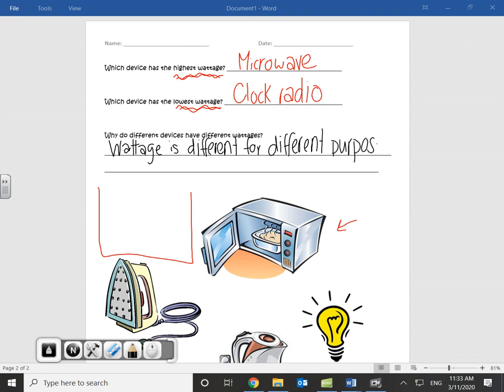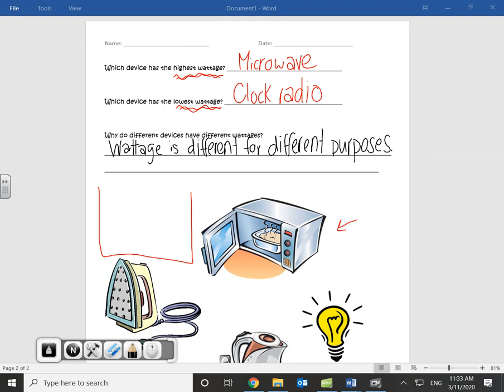So again, I'm going to need way more watts if I need something to heat up or even cool something than I am just to light up a small screen or light up a little light bulb. Even like an iron, if I have to make it hot, I need something to power the steam, then it's going to have to be a higher wattage than just a simple clock radio.